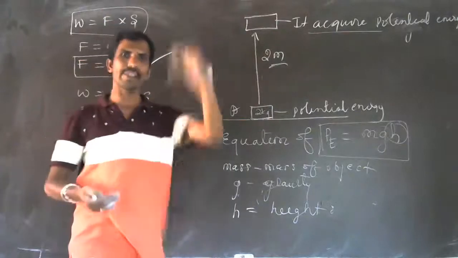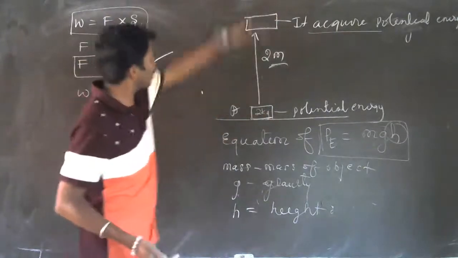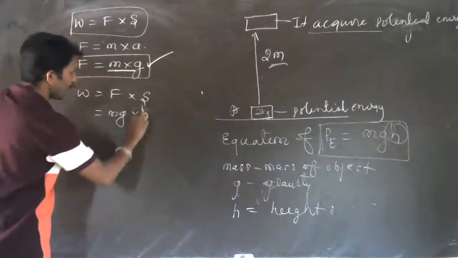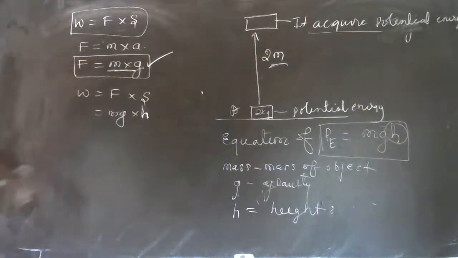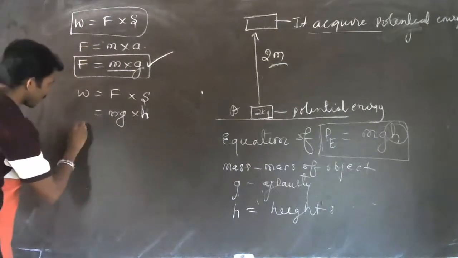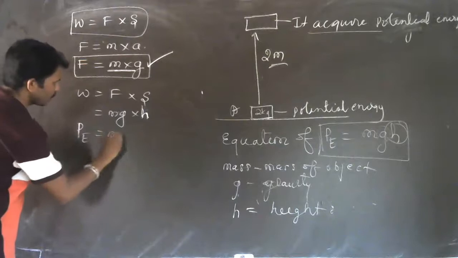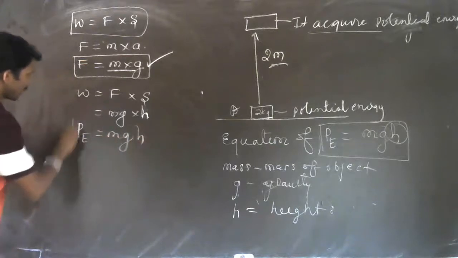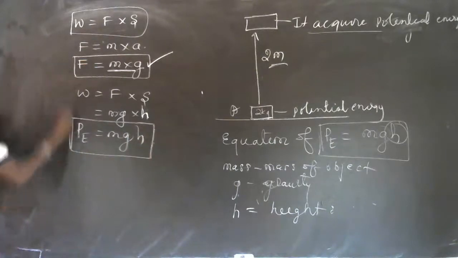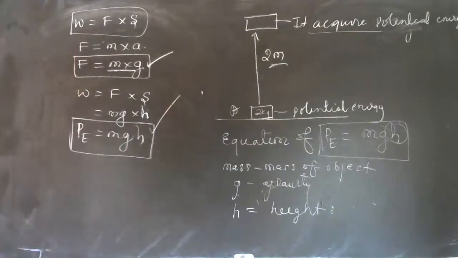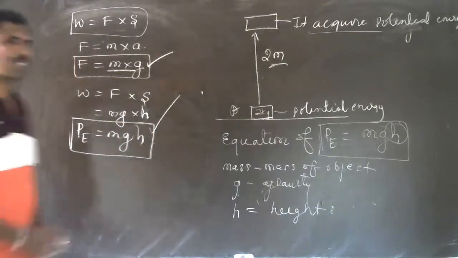So S can be written as h, the height to which the object is raised. That's why we can write that potential energy is equal to mgh. This is the derivation of the equation for potential energy.